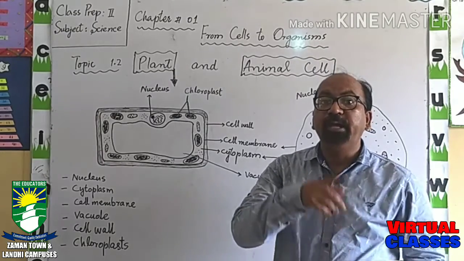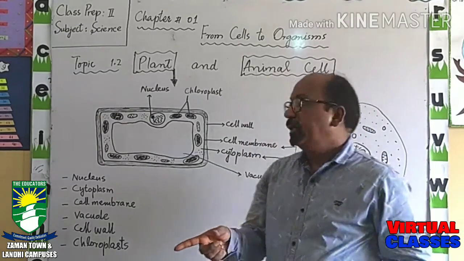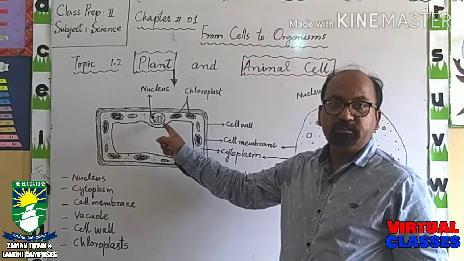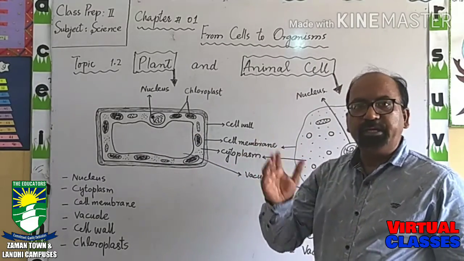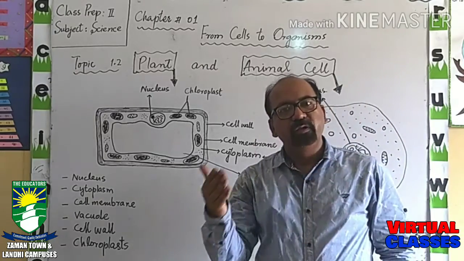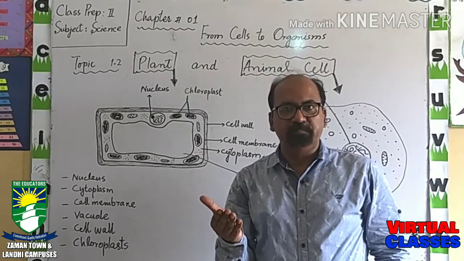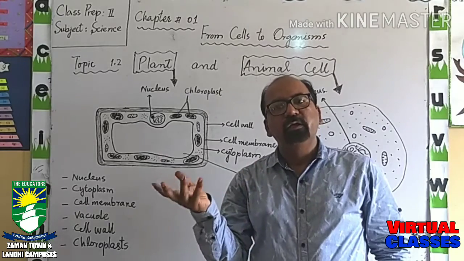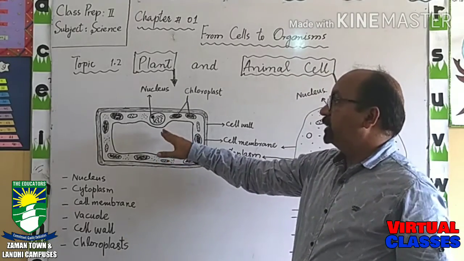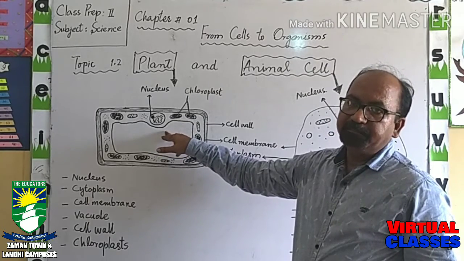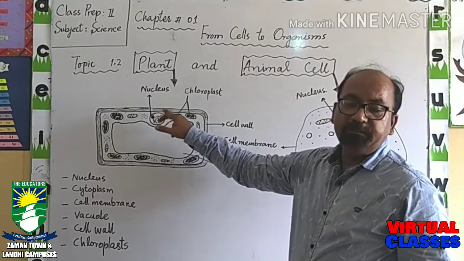So this repair is actually done by the nucleus. So this is called cell repair, and it also takes place in the animal and human being as well, and also in the microorganism as well. But the cell repair is done by the nucleus.